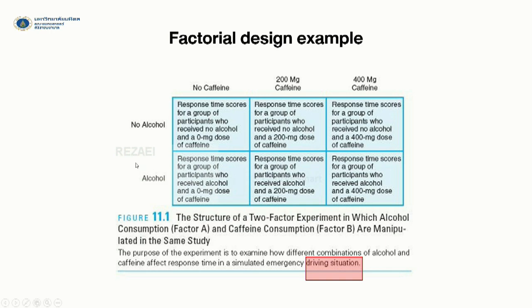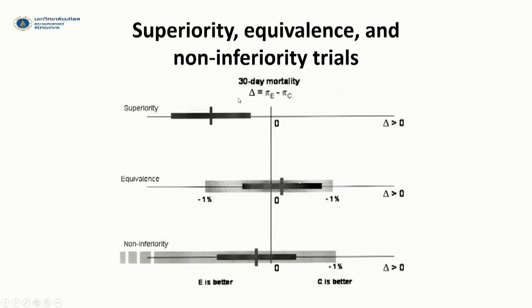And this factorial design, in this example, we're talking about caffeine and alcohol and improvement of the outcome. That's called factorial design. You combine caffeine and alcohol together, or no alcohol, no caffeine at all. And these are superiority designs.